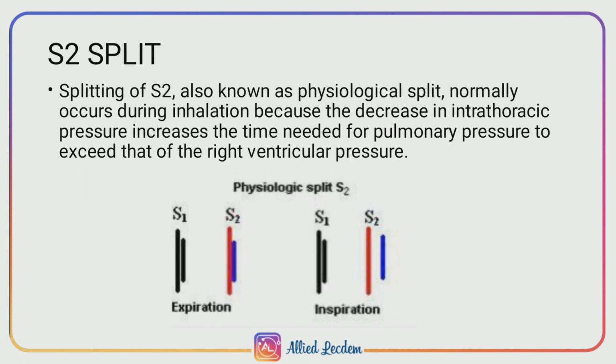S2 split. The red line of the picture denotes the aortic valve closure. The blue line denotes the pulmonary valve closure. Like the mitral and tricuspid valves, after closure of the aortic valve, the pulmonary valve closes. But during inspiration, the pulmonary valve closure is delayed as it is associated with the pulmonary system.